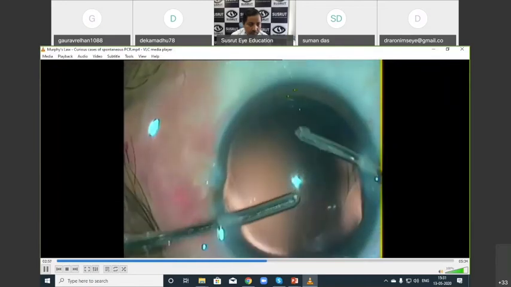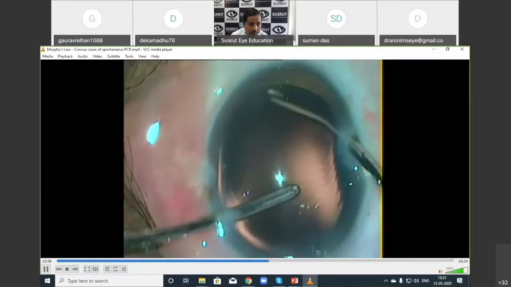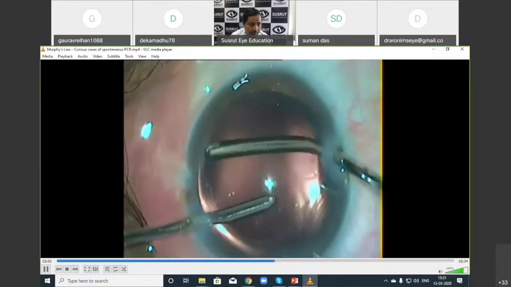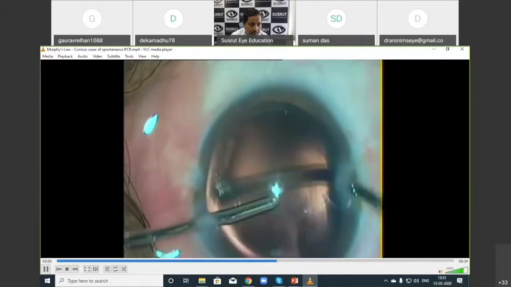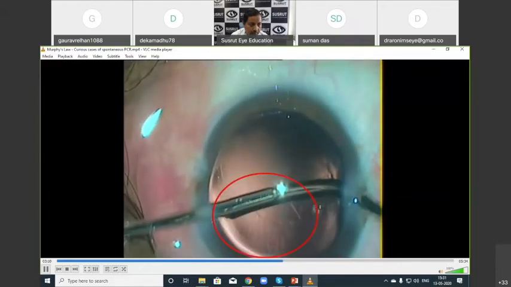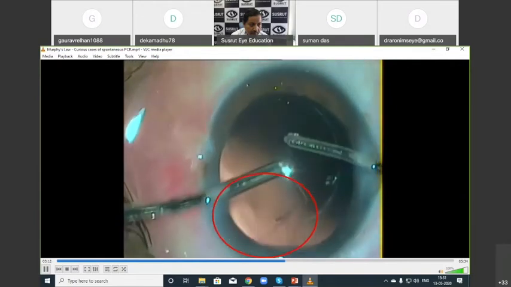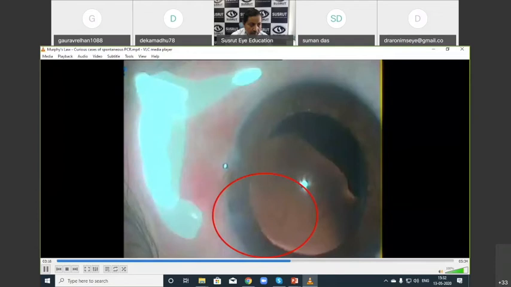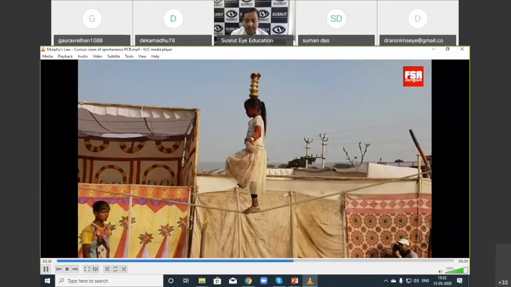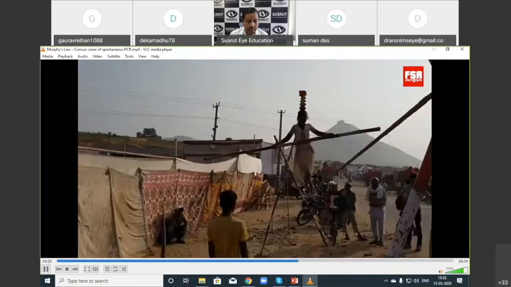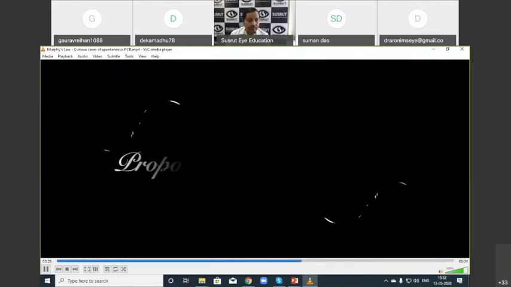Notice that in the surgeon's right hand is the irrigation fluid. After the cortical removal was complete, the surgeon is now ready to implant the intraocular lens. However, he notices a spontaneously occurred PCR. In both cases, we see an imbalance in pressure between the two compartments, leading to a breach in the capsule.